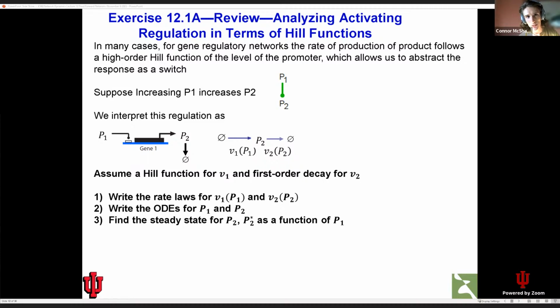There's a few pieces of information that make me unsure how to write this out exactly. So for starters, it doesn't say whether P1 has a rate of decay, but we can assume that, I guess.